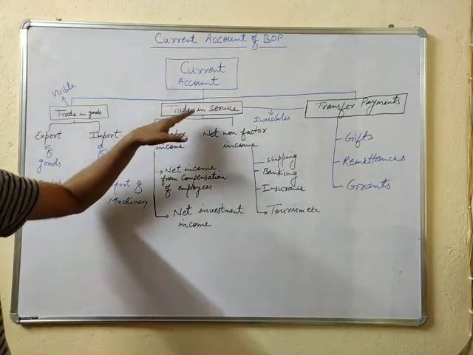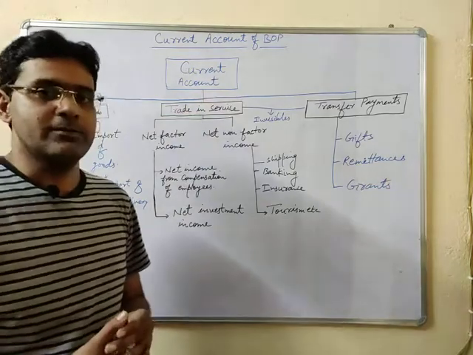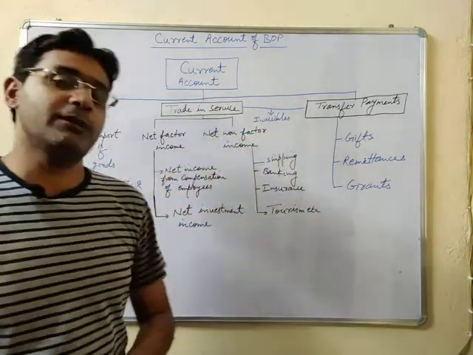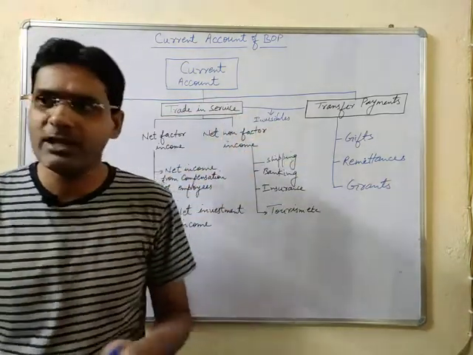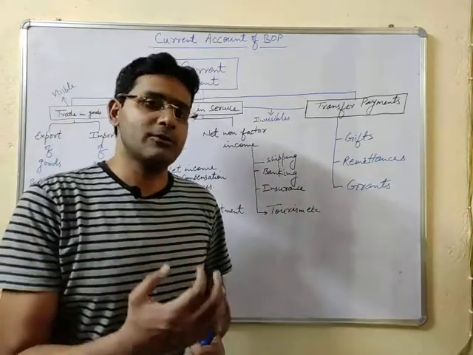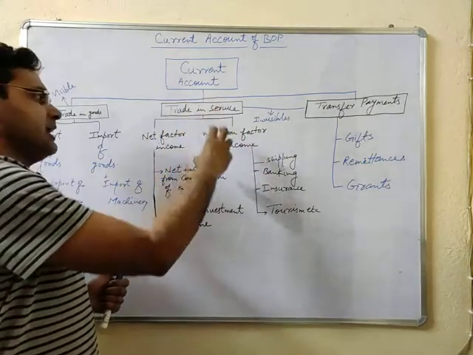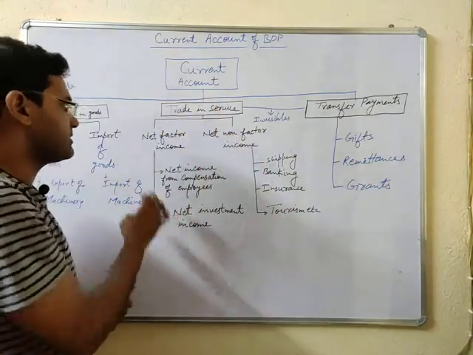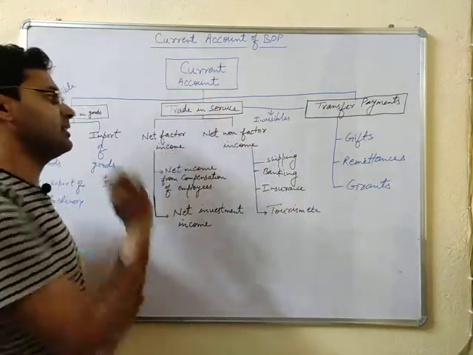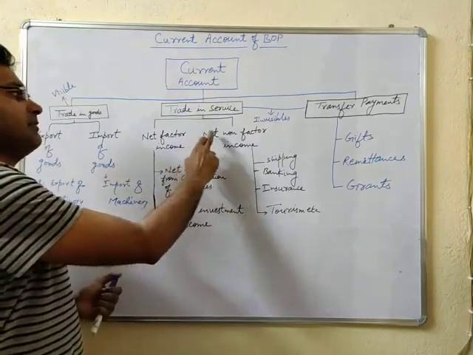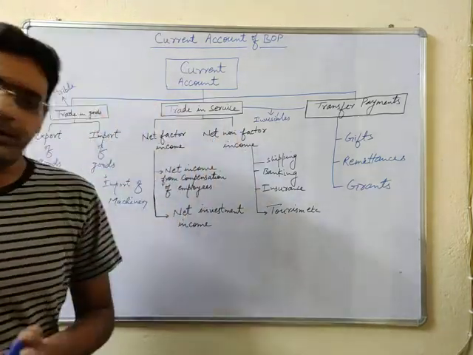Now we will deal with the trade in services. Services are part of invisibles, as they cannot be seen when they cross the borders. Services can be put under two subheads. The first one is net factor income and the second one is net non-factor income.